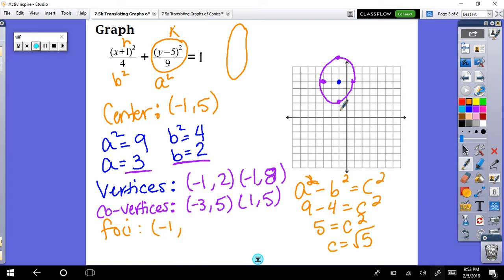They're going to stay negative 1. And then it's going to be from the center up the square root of 5. So if you think about it, the square root of 4 is 2. So this will be just over 2, maybe 2.1, 2.2, approximately. So you're going up just over 2 or down just over 2.